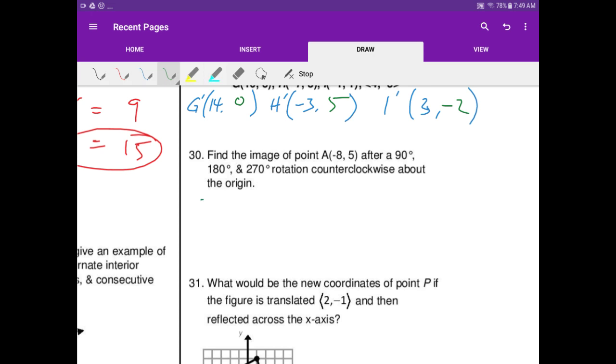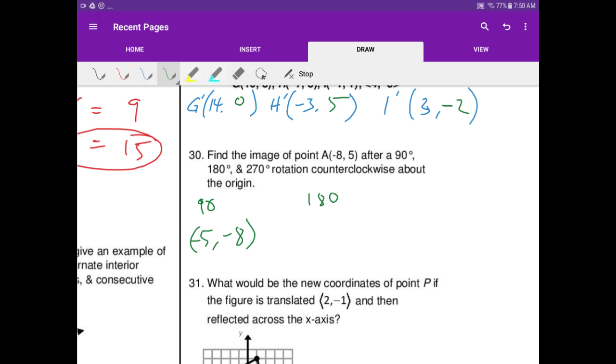Okay, so 90 degrees. For 90 degrees, you flip them and you change the sign of B. So I'm going to flip them. It's going to be 5 and negative 8. And then I'm going to change the sign of B, so negative 5. 180.